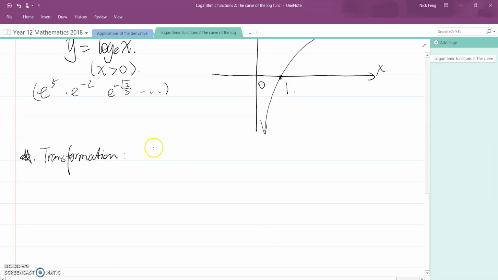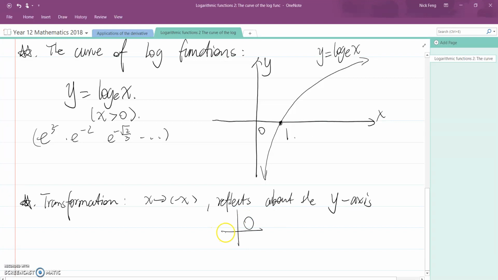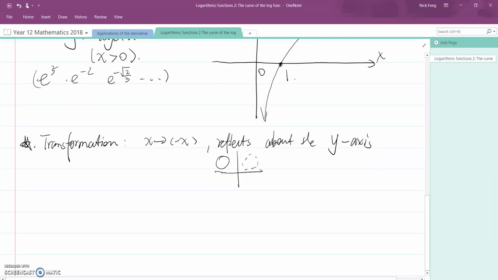So for example, when x is replaced by negative x, it reflects about the y-axis. Why the y-axis? Because it's a horizontal flip. So if the original function is here, then the next one here will be reflected about the y-axis if x has been replaced by negative x.